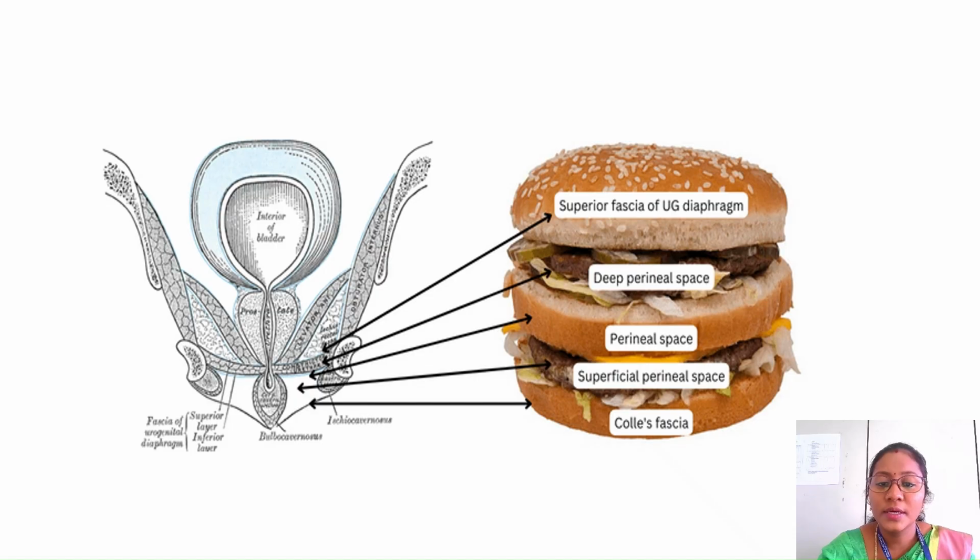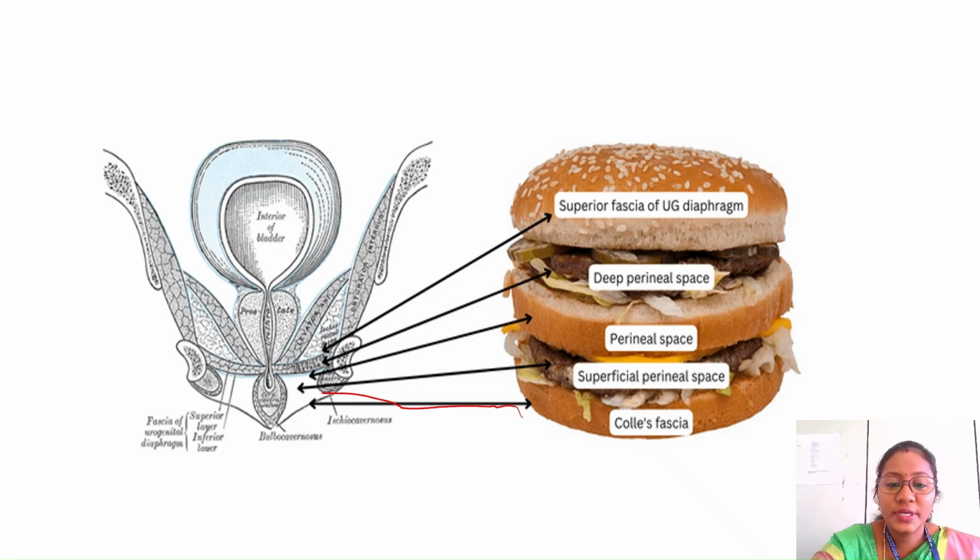The other filling region is the superficial perineal space. This will be correlated with the perineal structure.